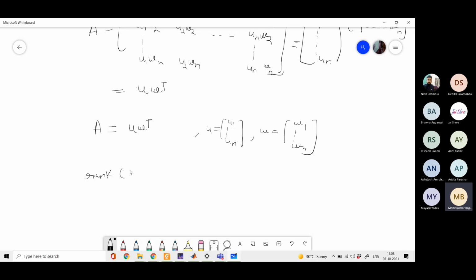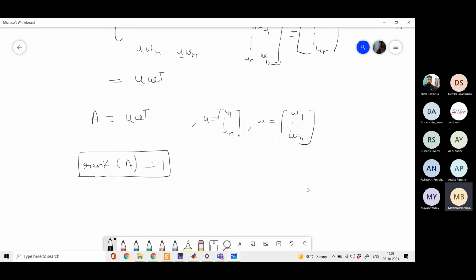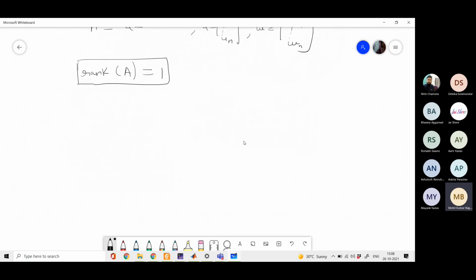I'm also giving you the reason, but such a matrix is a rank 1 matrix. Such matrices are rank 1 matrices. Okay. And why is it so? Can you tell me why the rank of such a matrix is 1?